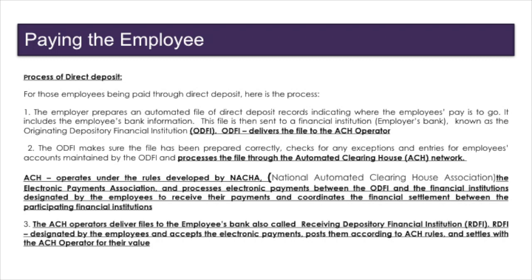Now the ACH operates under the rules that are developed by NACHA, the National Automated Clearing House Association, the Electronic Payment Association, and processes electronic payments between the ODFI and the financial institutions designated by the employees to receive their payments, and coordinates the financial settlement between participating financial institutions.